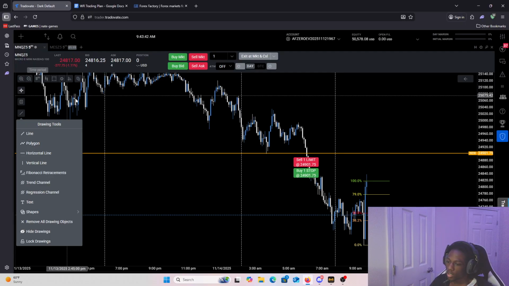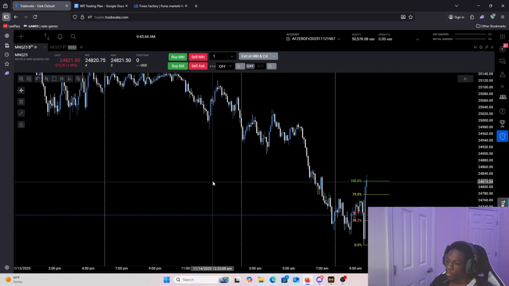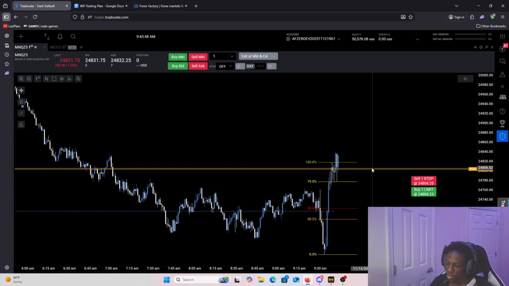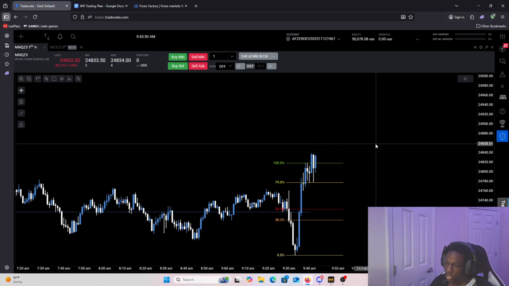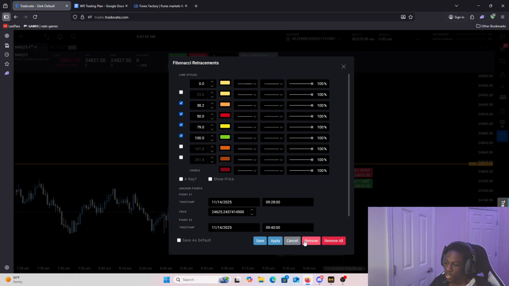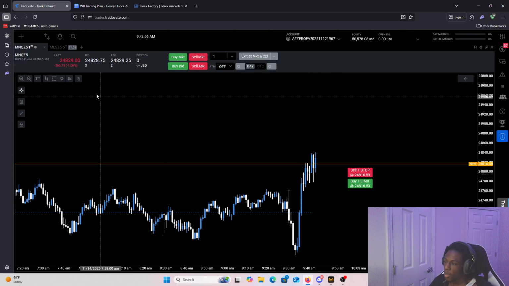I'm gonna take this on NQ though, because it actually did reach into one of the zones. And I'm gonna look to enter. I'm gonna look to enter now.